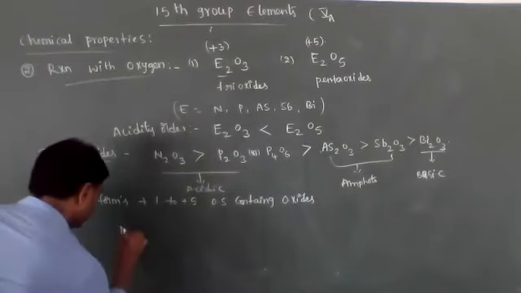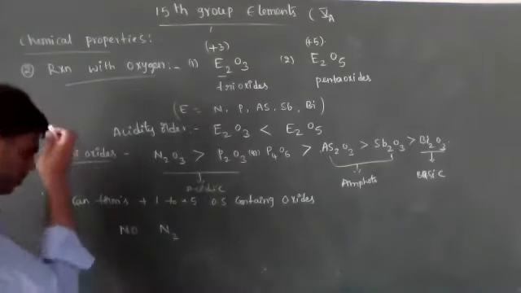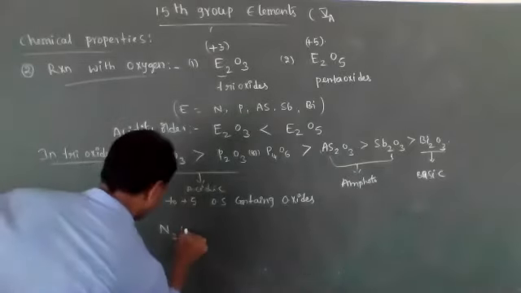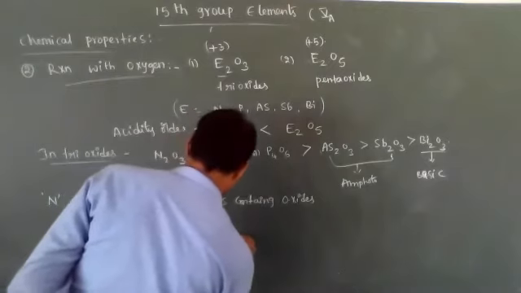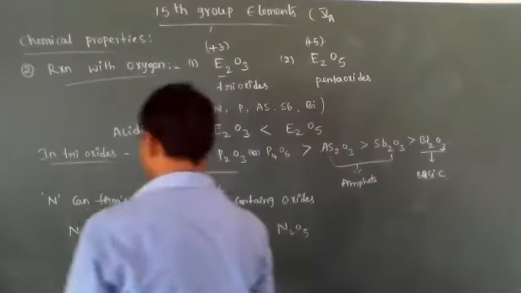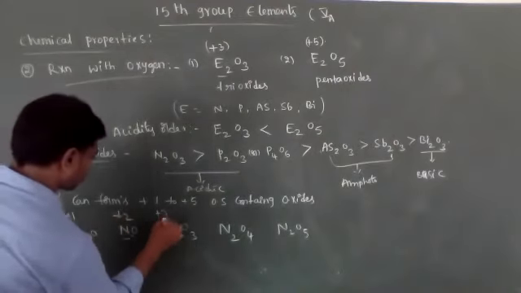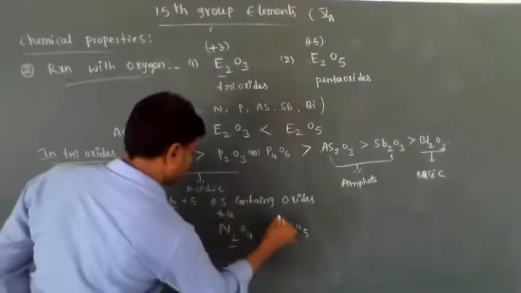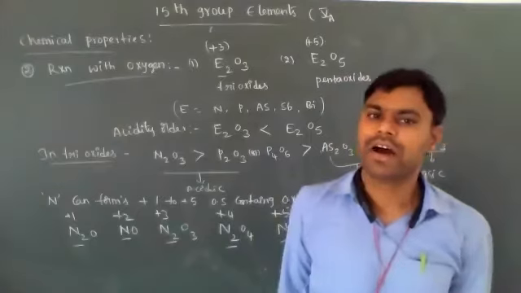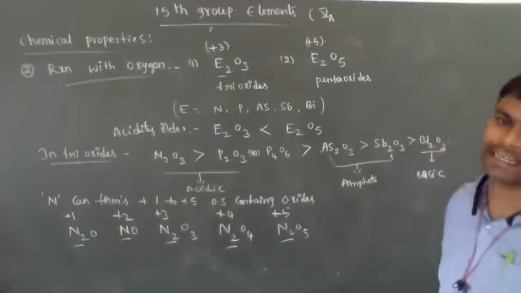For example, N2O, nitrous oxide, NO, nitric oxide, nitrogen trioxide, nitrogen tetroxide, and nitrogen pentoxide. Among these nitrogen oxides, here +1 oxidation state, here +2, here +3, here +4, and here +5. So nitrogen can form oxides containing +1 to +5 oxidation states. Those are N2O, NO, N2O3, N2O4, and N2O5.